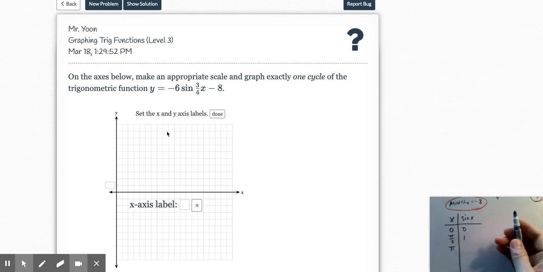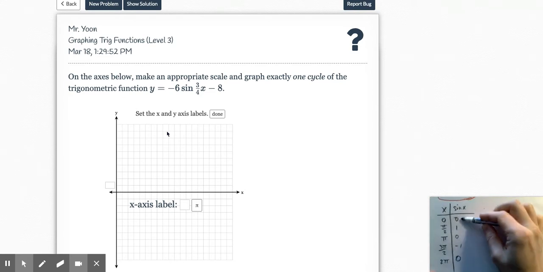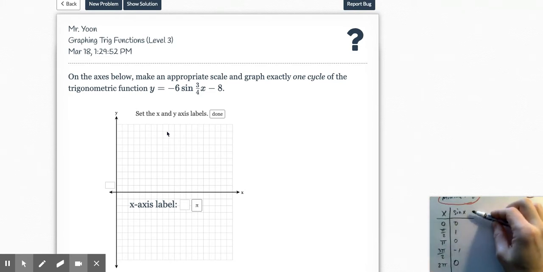When you're at 9 o'clock, sine goes back to 0. When you're at 3 pi over 2, at 6 o'clock pointing down, you're at -1. And then when you're back at 2 pi, you are at 0 again. So this is a key pattern to remember about sine, and this may be useful when you do the delta math piece.